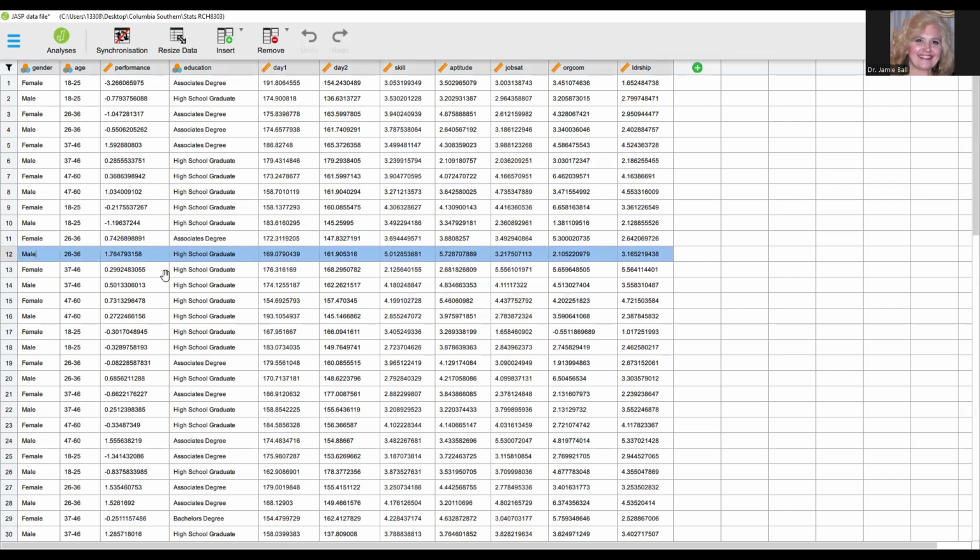So I've highlighted case number 12, and I'm looking for aptitude. Well, his score was 5.7287, right? That's a little bit above everybody else, but I have no concern that this might be an error. But if I had a number like 33 when everybody else is between 1 and 6, I'd better go back and see if there's a data entry error for my data.